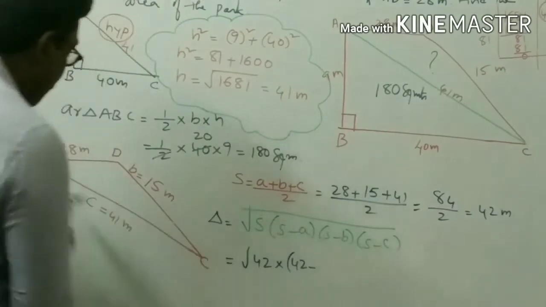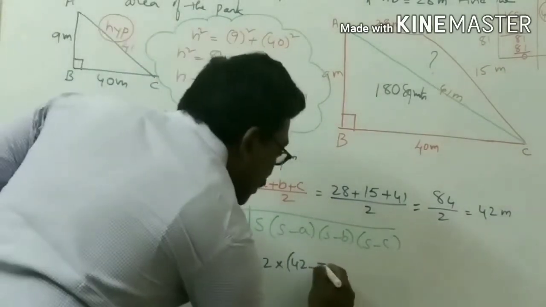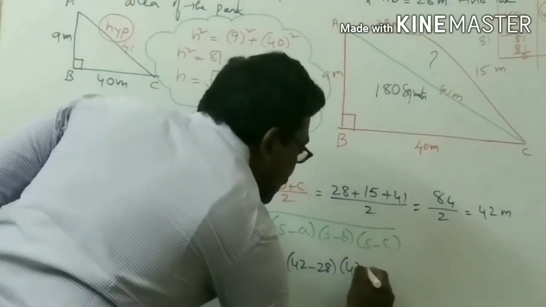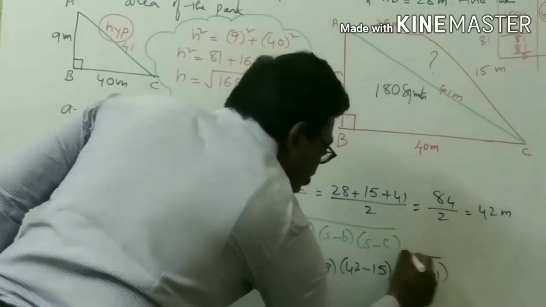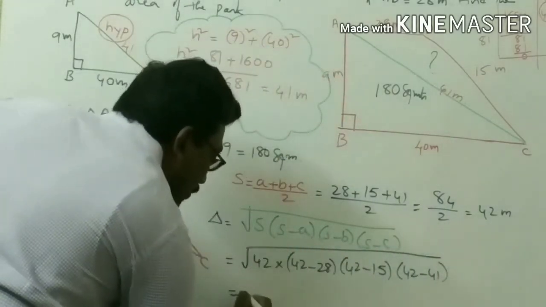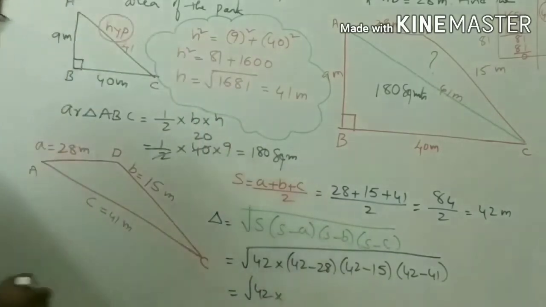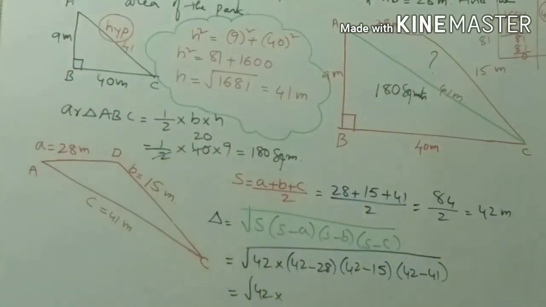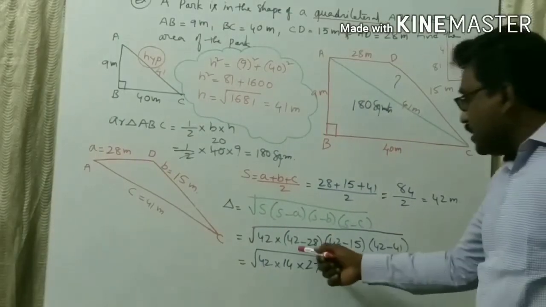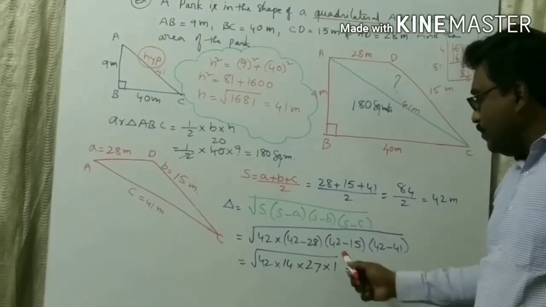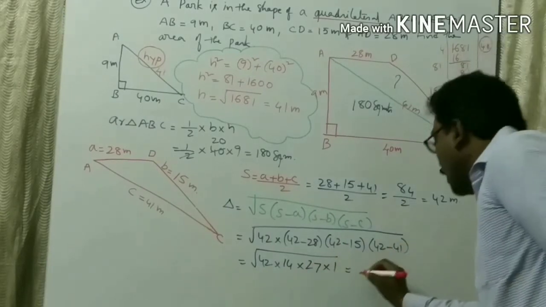42 minus 15, 42 minus 41. Now we will subtract and find the root for this. After subtraction, 42 minus 28 is 14, and it is 27, and it is 1.